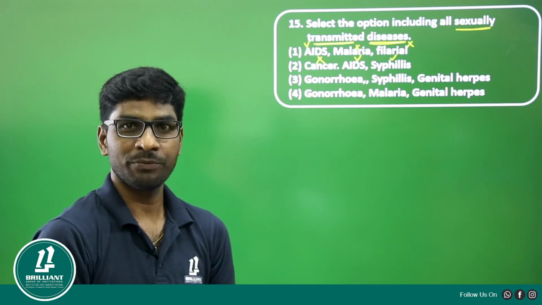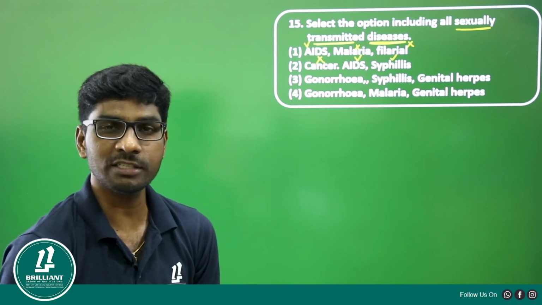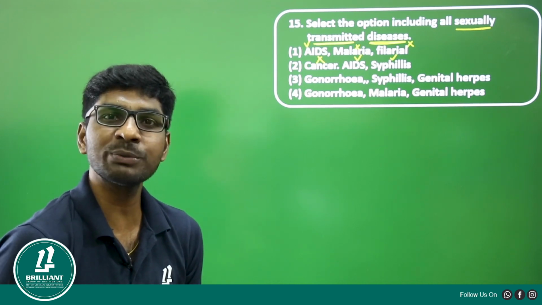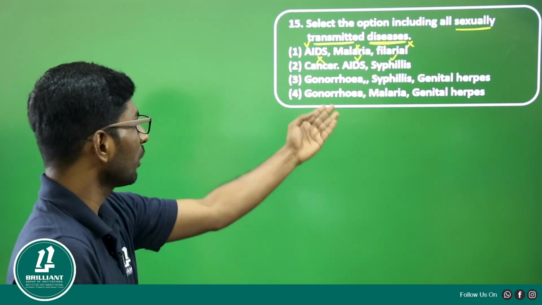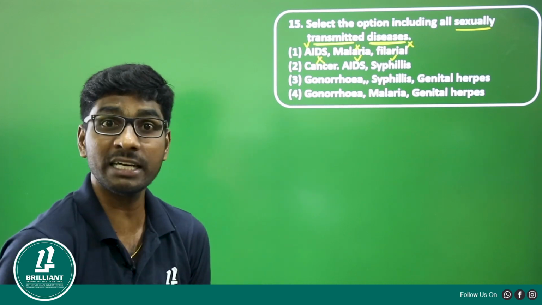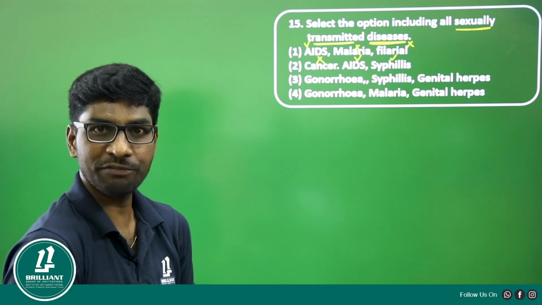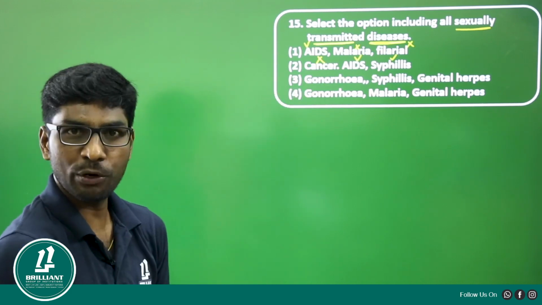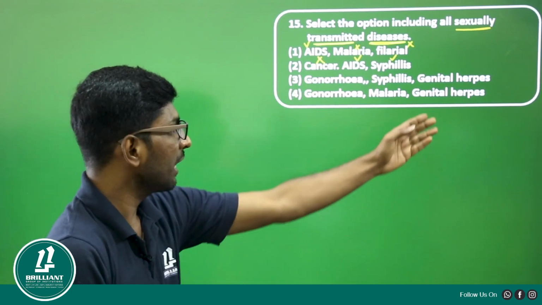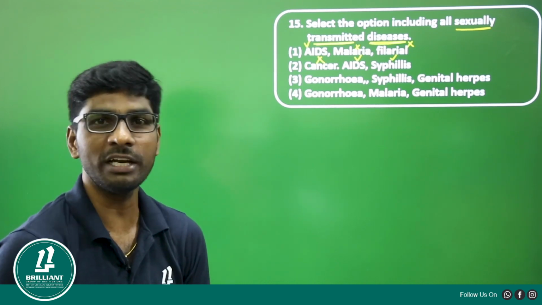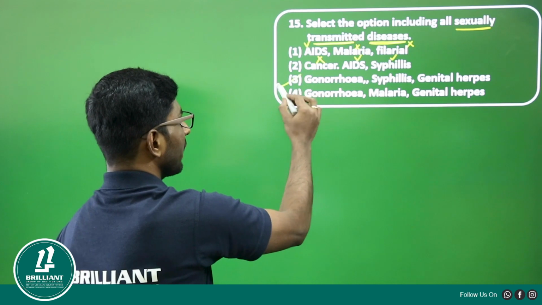Genital herpes. Genital herpes, HPV virus. Syphilis, gonorrhea. These 3 are sexually transmitted diseases. Gonorrhea and syphilis are bacterial diseases. Treponema pallidum, syphilis. Neisseria gonorrhoeae, bacteria, gonorrhea. HPV virus, genital herpes. So these 3 are sexually transmitted diseases. Fine, I go with the 3.